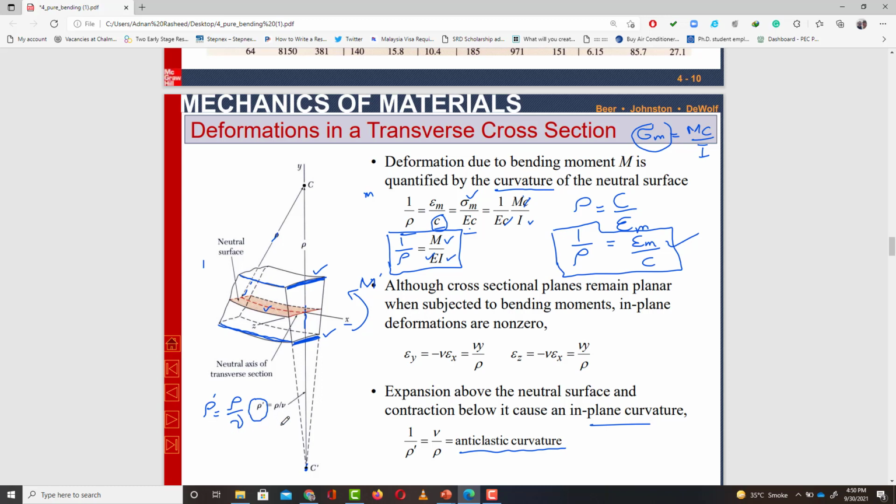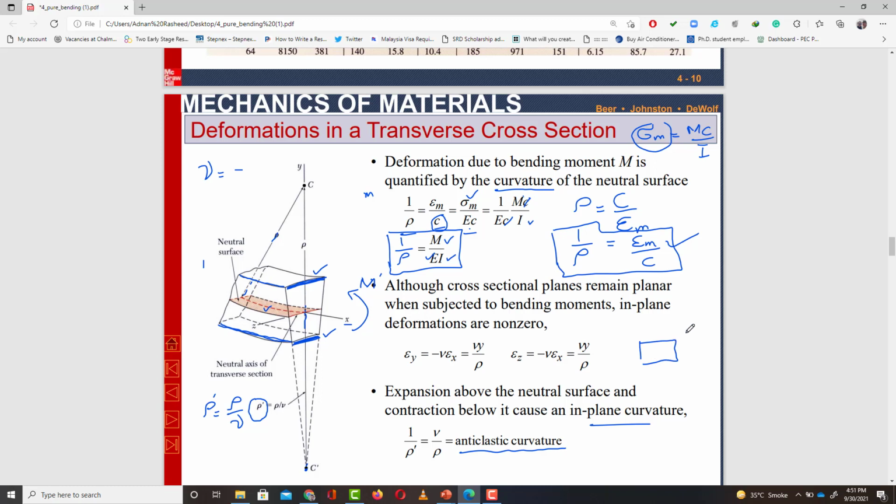Now I will explain how. Whenever we talk about Poisson's ratio, we say that strain in the lateral plane, I will explain just by using an example.